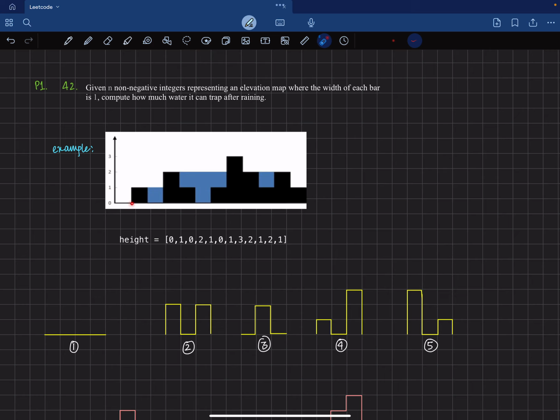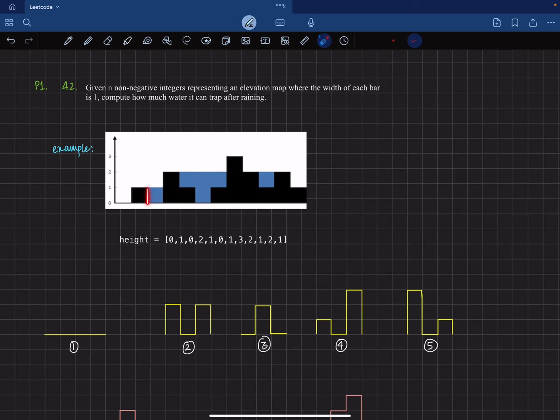In our question, it is also given that the base or the width of every elevation will be 1, whether that is an elevation of height 0 or of any arbitrary height. The width, which is this part, will be of length 1 unit. Now we have to return the amount of water that can be trapped in the units of that water.